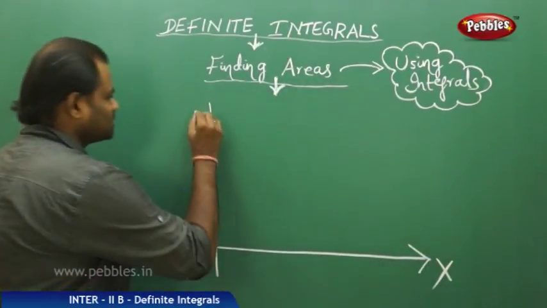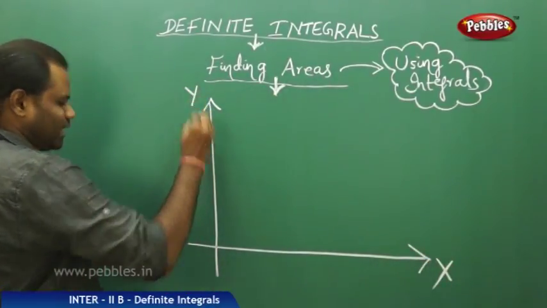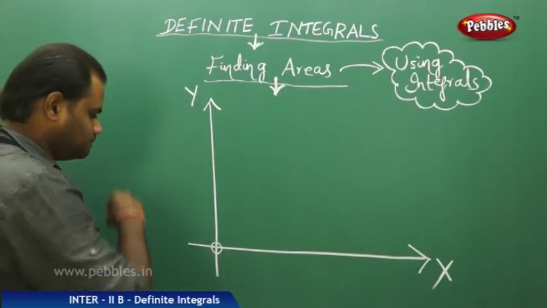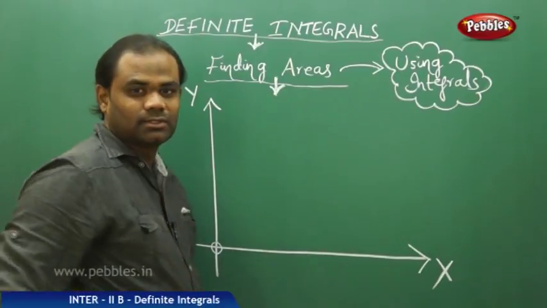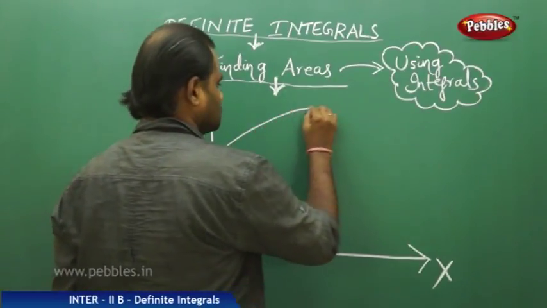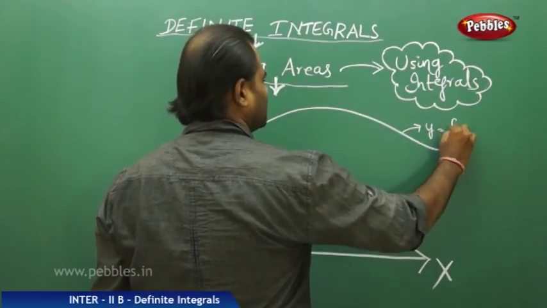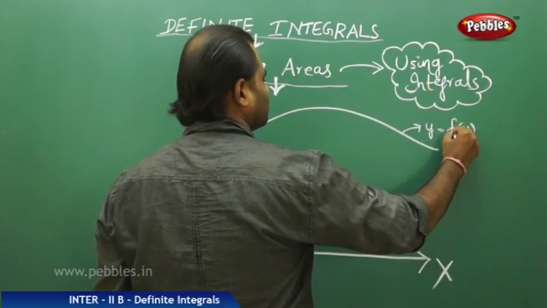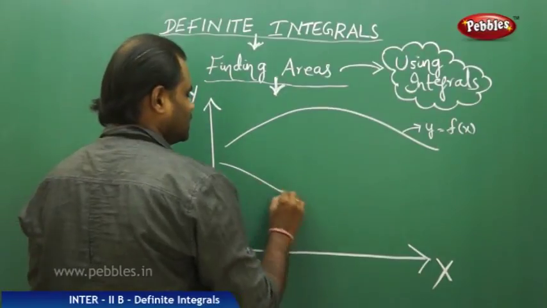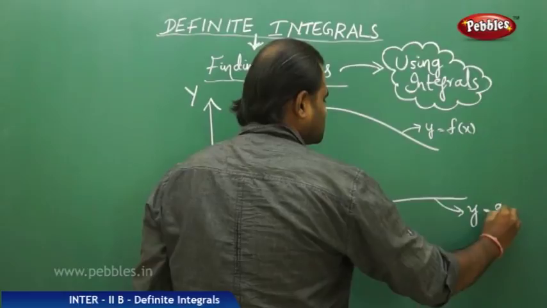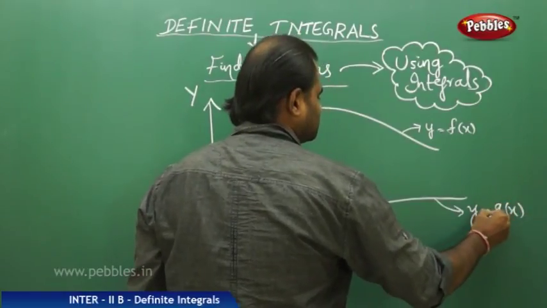my x-axis and my y-axis, and say this is the origin, and I have two curves, the one given by y equals f of x, and I have another curve given by y equals g of x.